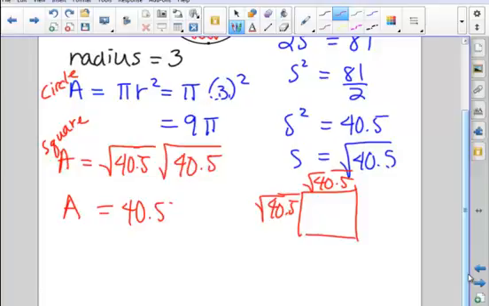You're removing the square from the circle. So that's going to be 9 pi minus 40.5. Okay, and then that would give you the leftover. Okay, does that make sense?